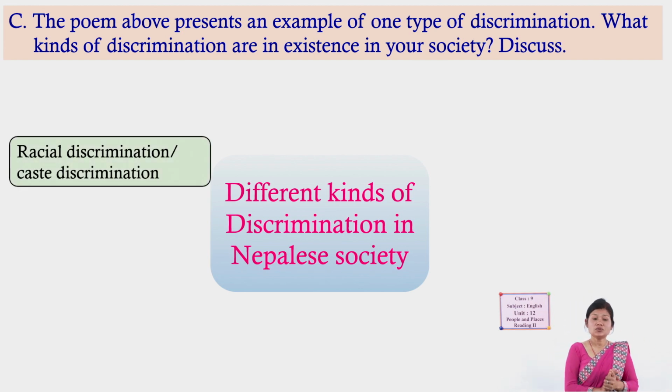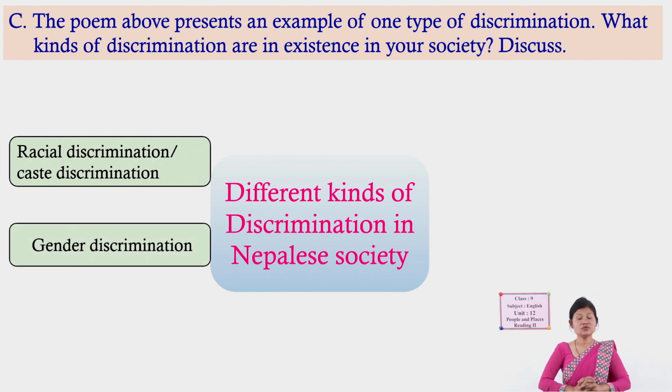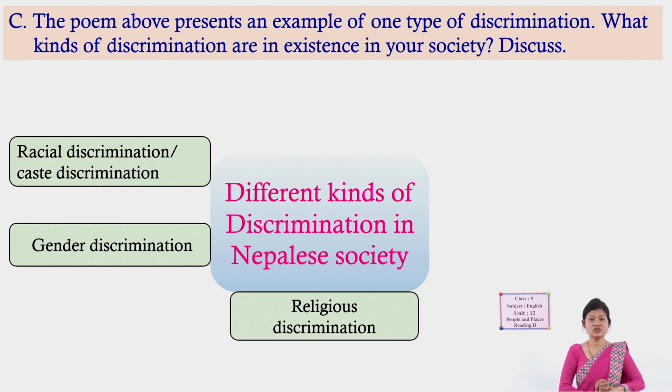So, racial discrimination or caste discrimination, is it found in your society? Yes, untouchability, lower caste, high caste, in the name of that also people discriminate. Gender discrimination, another example. Good, very good. Other? Yes, religious discrimination also.